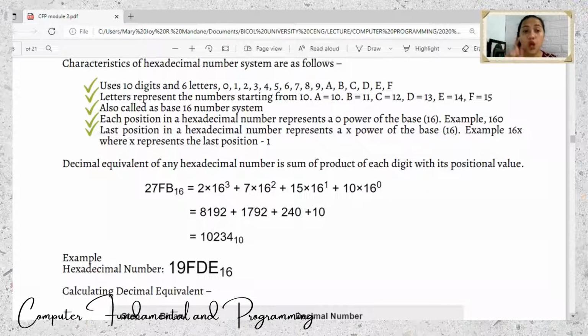So for example, 27FB, what's the equivalent? F is 15 and B is equivalent to 11.